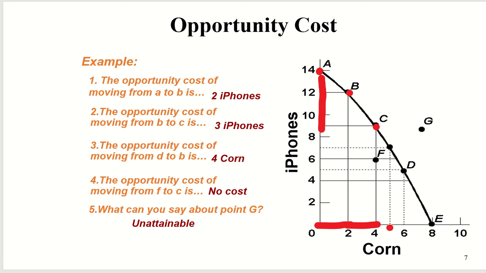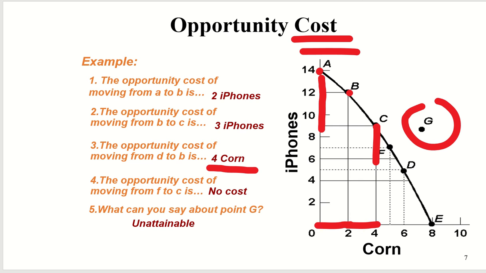So every time we gain corn, we lose iPhones. Well, now we're going to gain phones, but what is it costing us, right? Our cost, we're losing corn. F to C is no cost, right? We should do that. We were inefficient, now we're efficient. And then point G is unattainable.